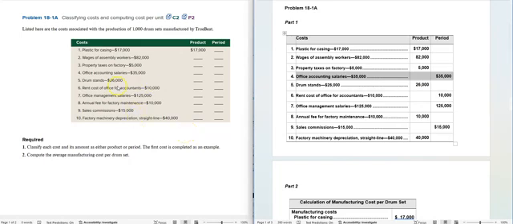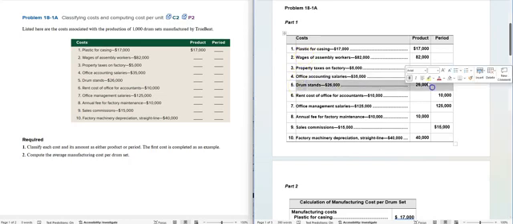Okay. Drum stands. Drum stands are a cost of the product, right? Because if they weren't making the drums, they wouldn't have to have drum stands, right? So, they bought the drum stands in order to be able to make the drums. So that is going to be a product cost.